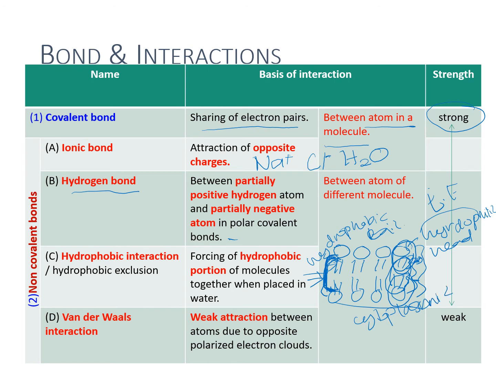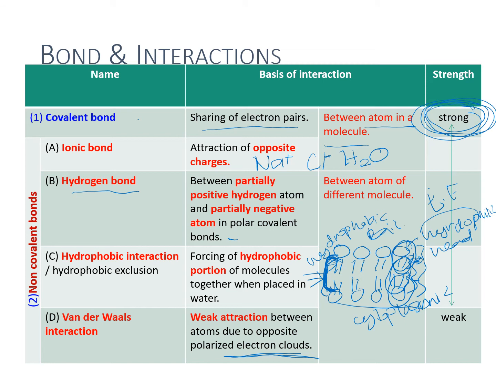Okay, so the next interaction is van der Waals interaction. It is a weak attraction between atoms due to opposite polarized electron clouds. Basically, covalent bond is the strongest bond because it exists between atoms within a molecule, and as you go down, you have the weak bonds.